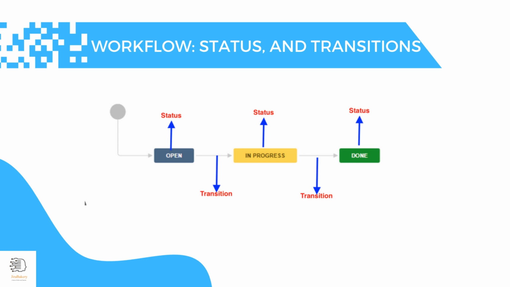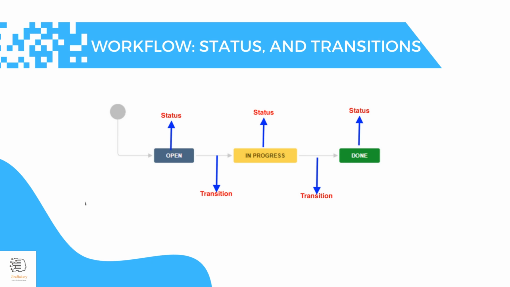When you see the status in blue, that means the issue is in progress, meaning the developer or the person is working on the issue. And the color green says it's in the terminal status. Most of the time, if the issue is done, it will be in the green state.